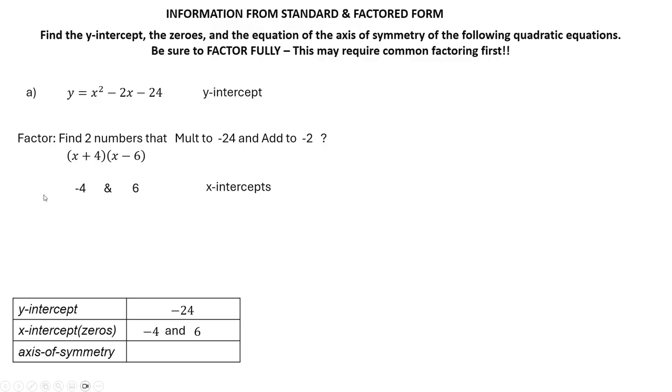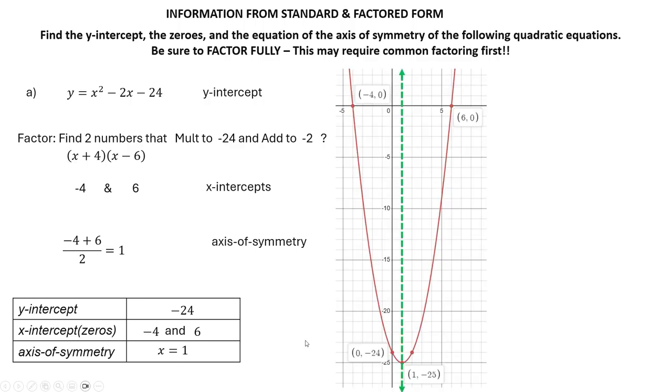We can calculate this by adding these two together and dividing by 2. That gives us a value of 1. So we can say our axis of symmetry is 1, and that can be expressed as an equation, x equals 1.